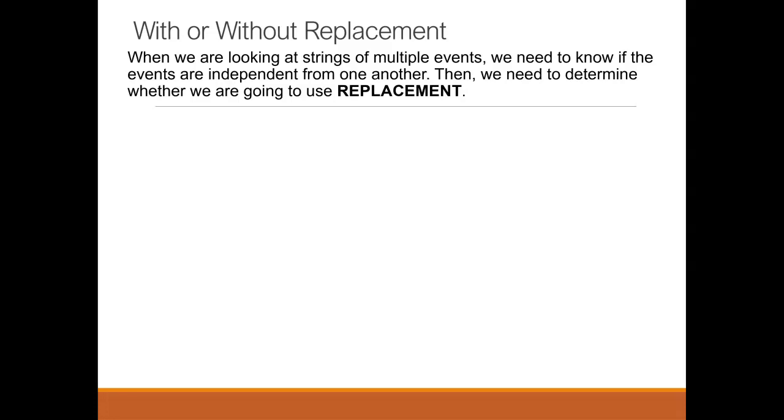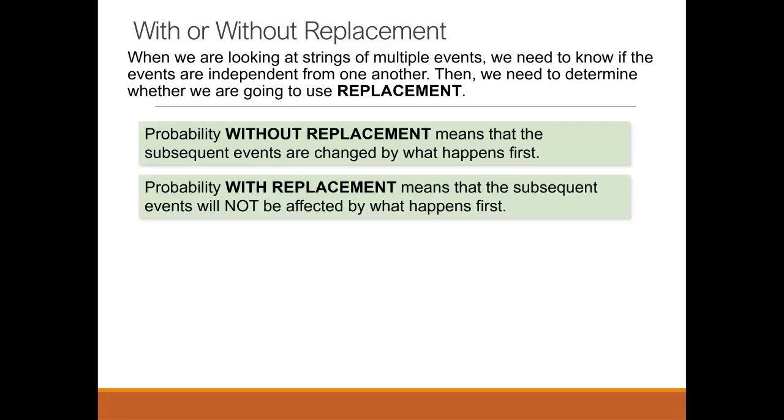When looking at a string of multiple events, we need to know if the events are independent from one another. Then we need to determine whether we are going to use replacement. The probability without replacement means that subsequent events are changed by what happens first, like when we talked about drawing cards from a deck or pulling names from a hat.